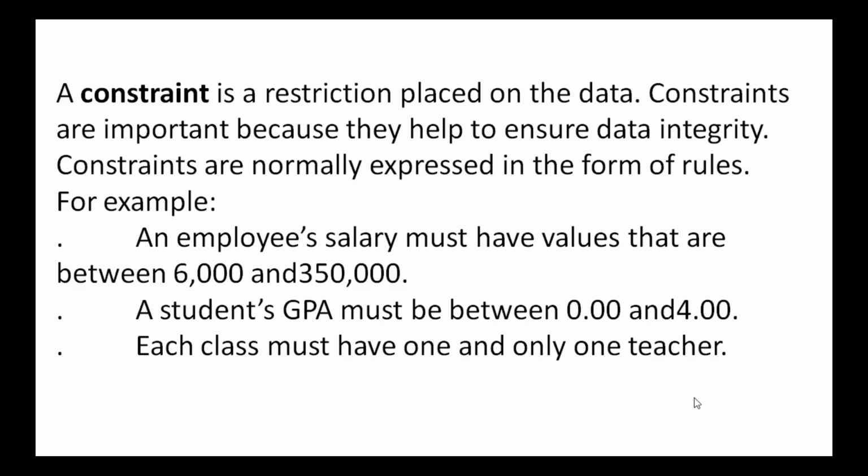So constraints are very useful to ensure data integrity in the table. For example, an employee salary must have values between 6,000 and 3,50,000. That means minimum salary 6,000 and maximum salary 3,50,000.